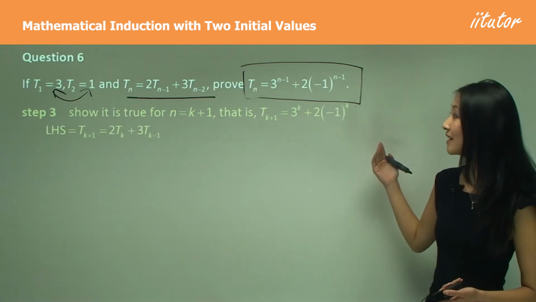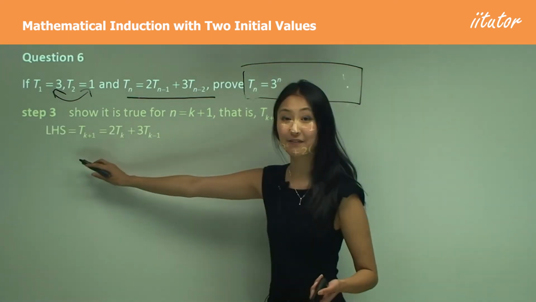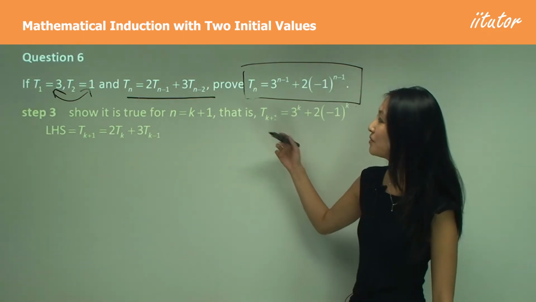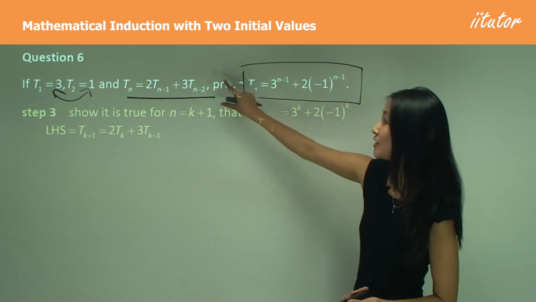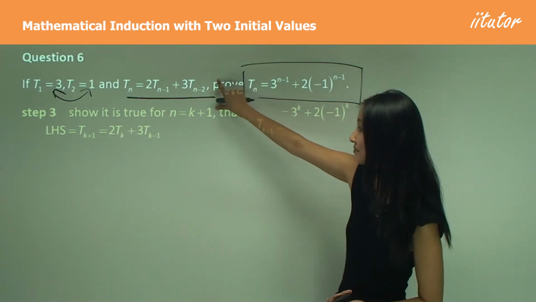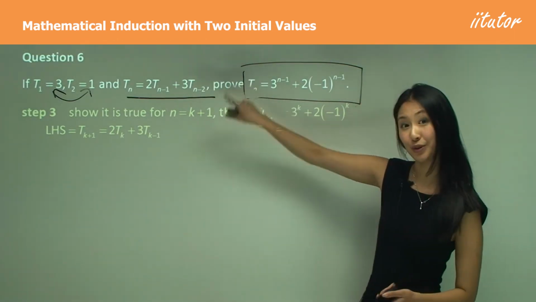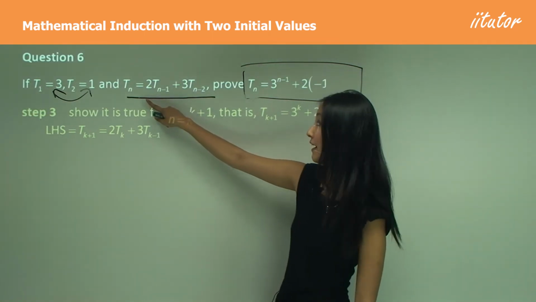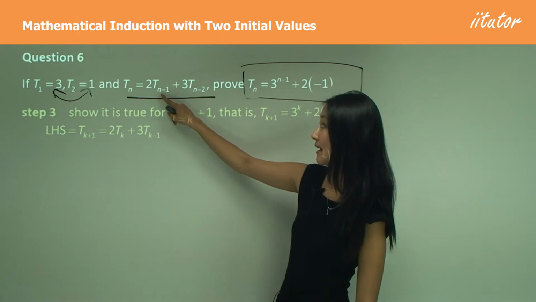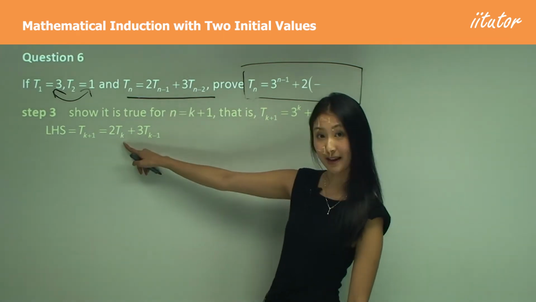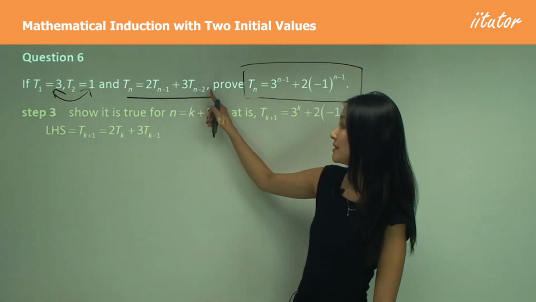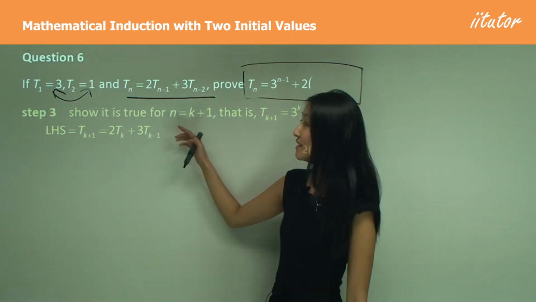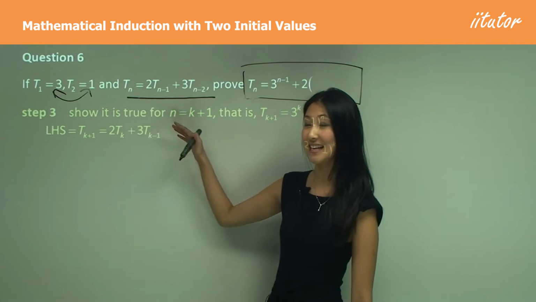Yes, so the first thing I want to do is start off with the left hand side, and that equals t_(k plus 1). And now we use this extra information here. We know this is true because it's told to us. So we can say that t_(k plus 1) equals 2 times t_k, since k plus 1 minus 1 just gives me k, plus 3 times t_(k minus 1), since k plus 1 minus 2 gives me k minus 1.